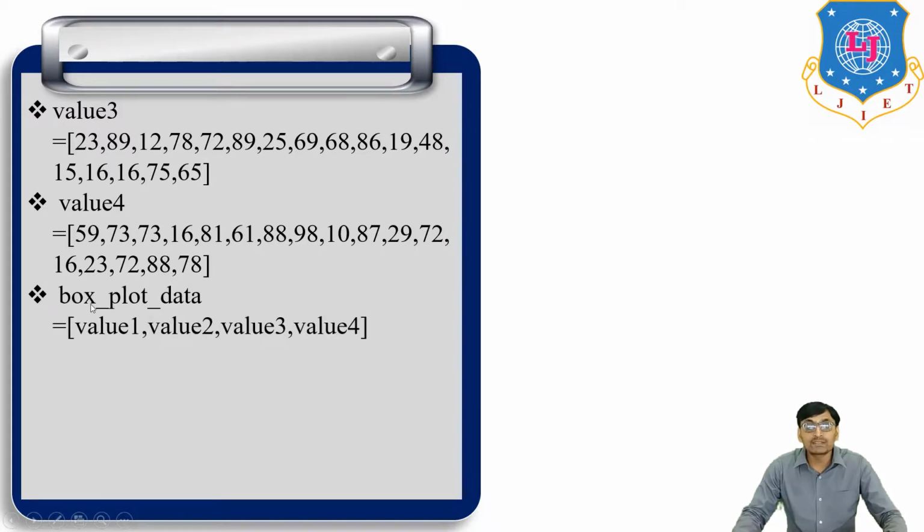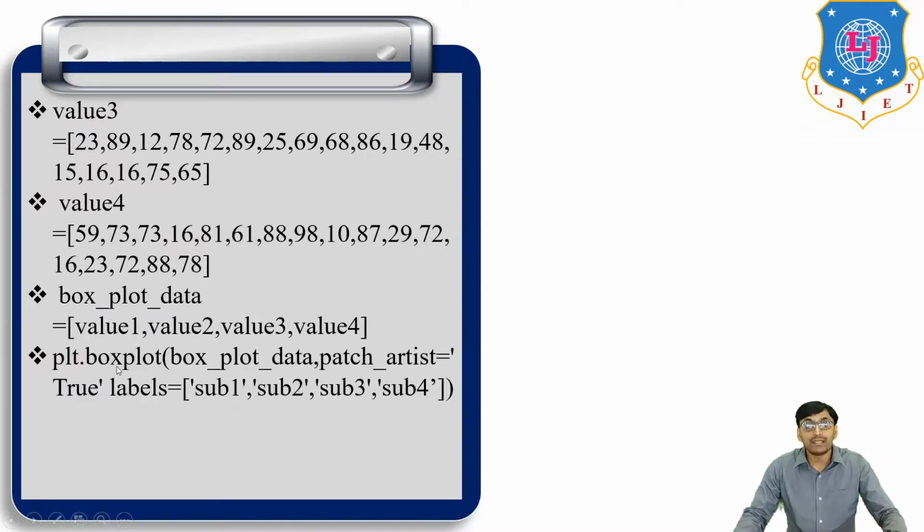Now box plot data is value 1, value 2, value 3 and value 4. From these, the minimum data, maximum data, first quartile, median and third quartile are separated. Then plt.boxplot with box plot data in the brackets, patch_artist equal to True, then labels equal to sub 1, sub 2, sub 3 and sub 4, then plt.show.